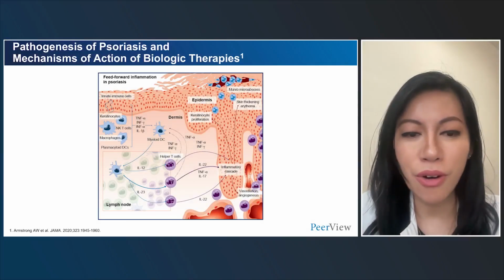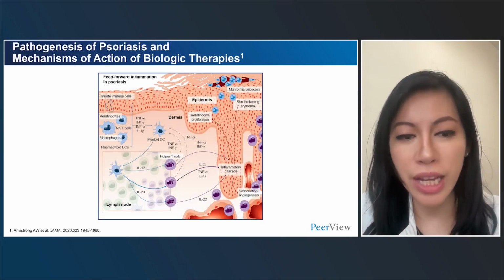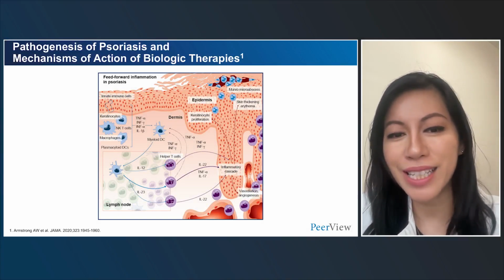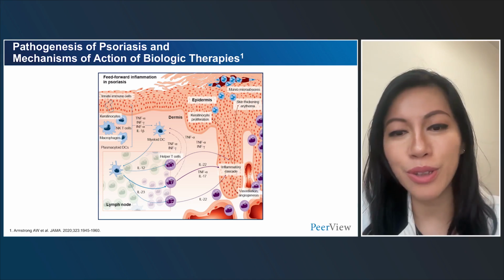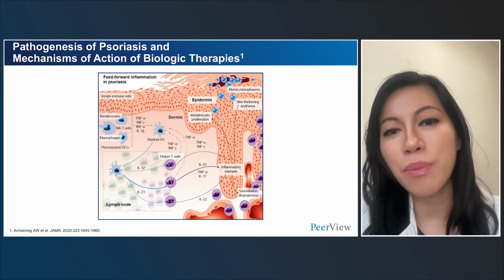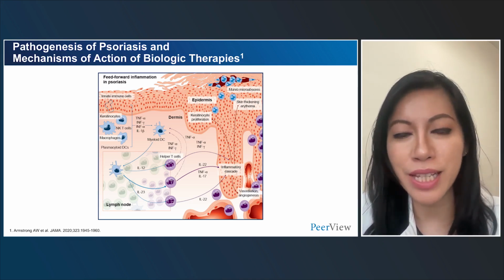This is an article that I published in JAMA. So this is from 2020. And I encourage you to read it because it goes over all of the key pathogenic details for psoriasis. And importantly, layered on top of that, it also talks about some of our systemic medications that really address these key pathways.